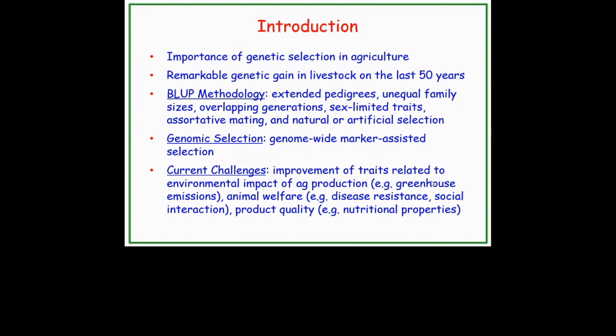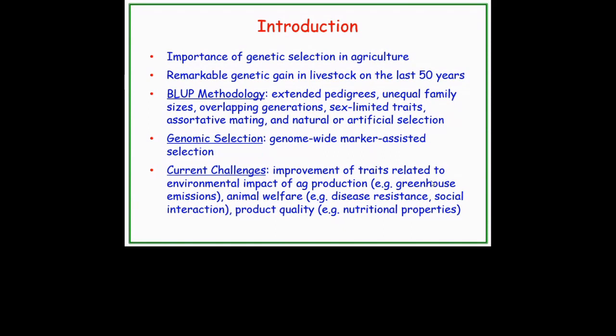And then more recently, with the advent of the genotyping technologies, we've been using genomic selection. So all these help with this genetic gain that we have accomplished in livestock. But now, the current challenges are that there are some traits that are very difficult, expensive, or sometimes require the sacrifice of an animal so that you can measure.